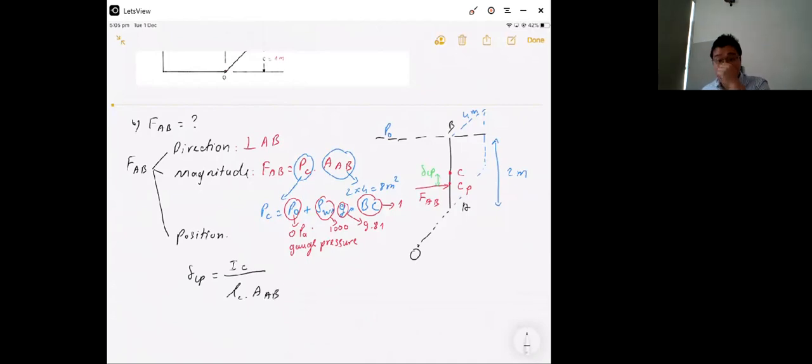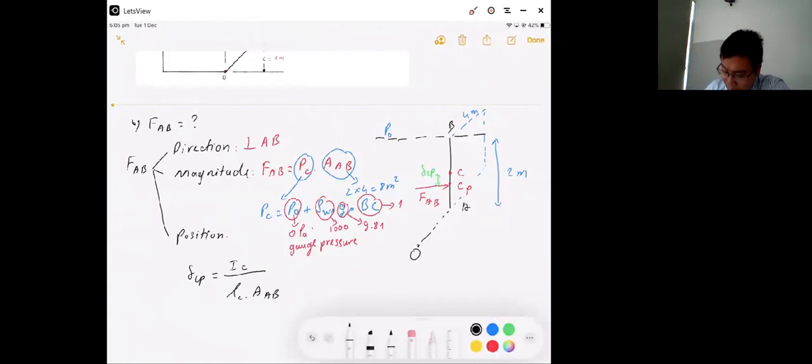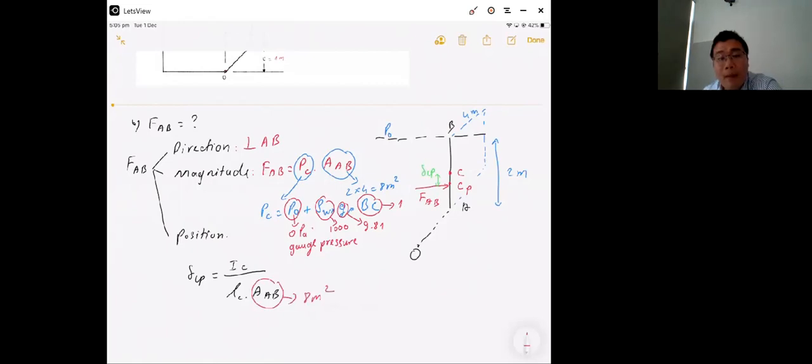Okay, area AB, you got it already: 8 meters squared. IC: you have an equation.